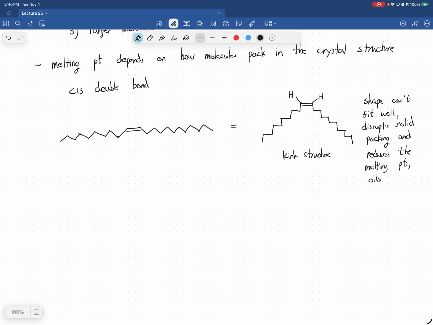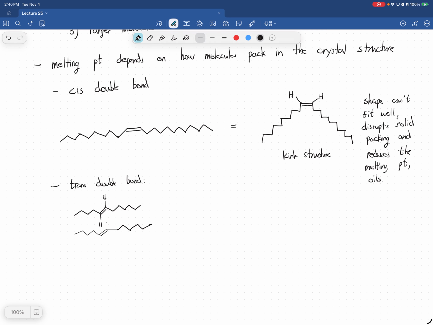But in the trans case, so yeah, trans fats, though, you don't want trans fats. So trans double bonds, okay, and so a trans double bond looks something like that. Okay, so remember the hydrogen atoms are kind of coming out over here. So if I kind of do like this, oops.